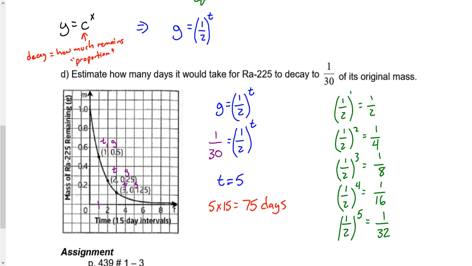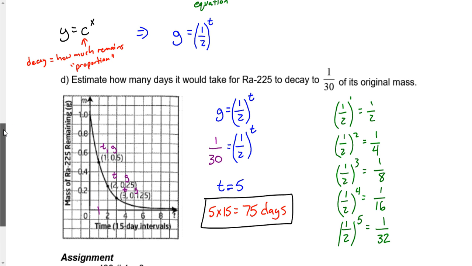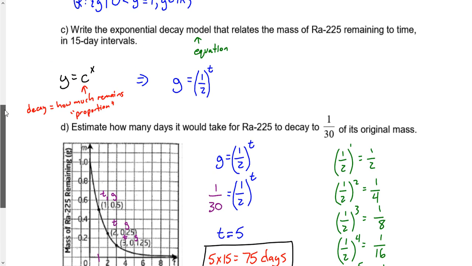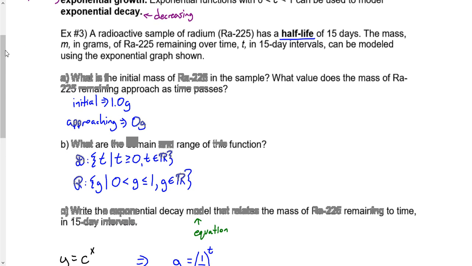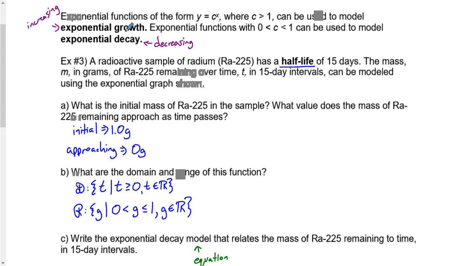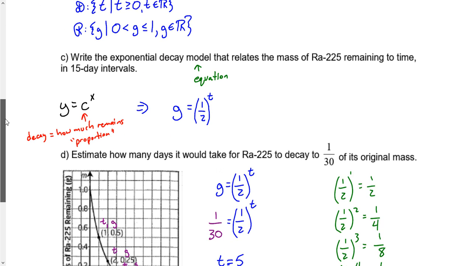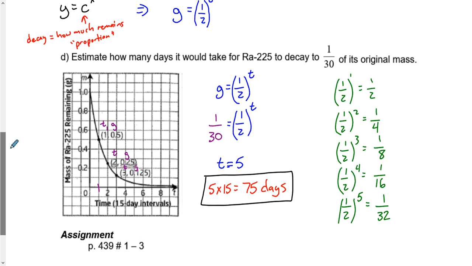Which means it's 75 days. There we go. That's what we're talking about when we have either an exponential growth or an exponential decay, increasing or decreasing exponentials, which means you can have some fun.